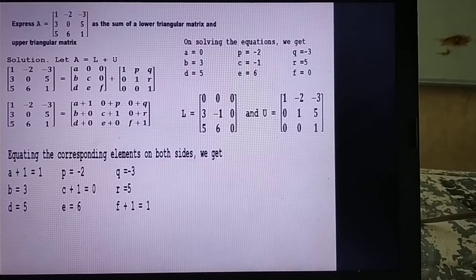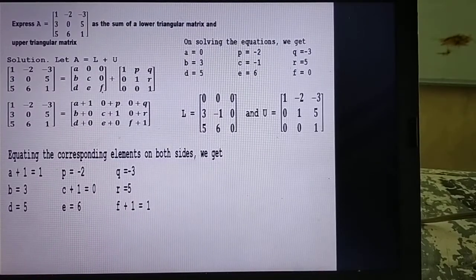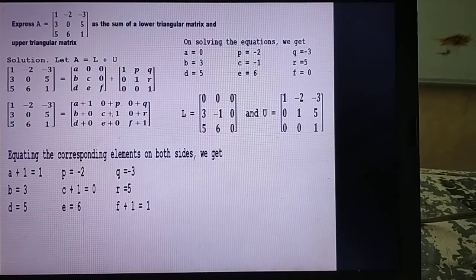So doing the addition of lower and upper, we have here A plus 1 and 0 plus P, then 0 plus Q, B plus 0, C plus 1, 0 plus R, D plus 0.